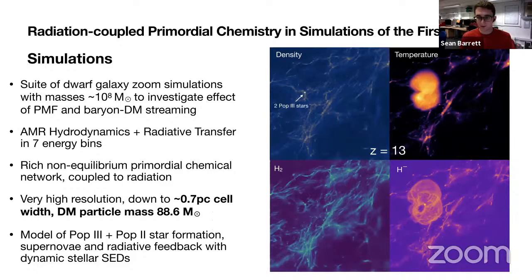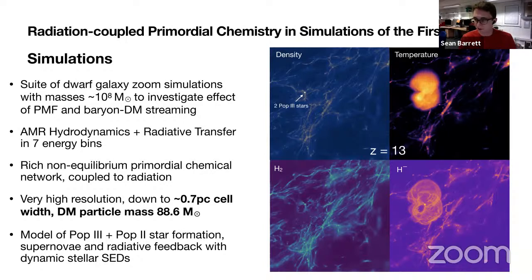So what I'm going to do with the code, now that it's hopefully working, is simulate a suite of dwarf galaxies, which we'll use to investigate cosmological effects on population 3 star formation, such as various values of the PMF and a streaming velocity between baryons and dark matter. In addition to my non-equilibrium model of chemistry, we include models of population 3 star formation and population 2 star formation.